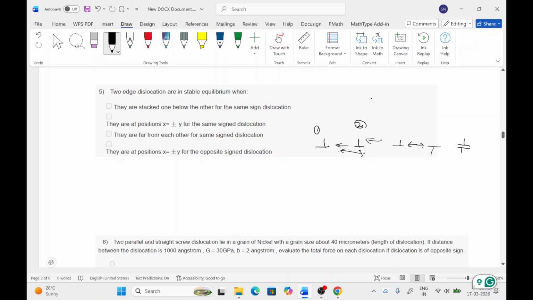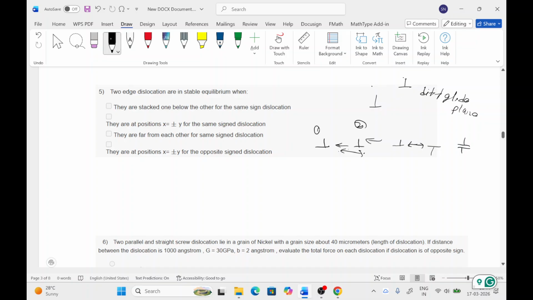But if the dislocation comes at some height, on a different slip direction or slip plane, meaning the glide plane is different, then for positive edge dislocations, when they come next to each other, they also feel some stress.